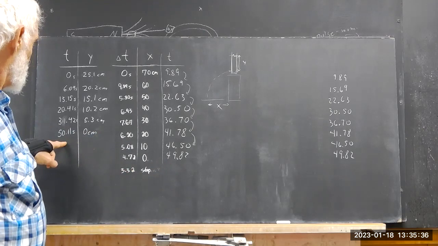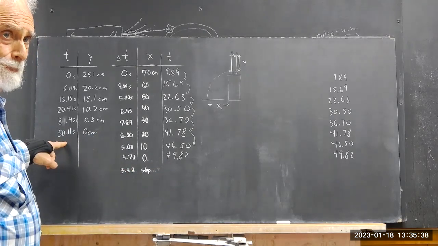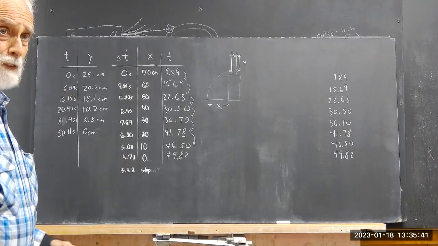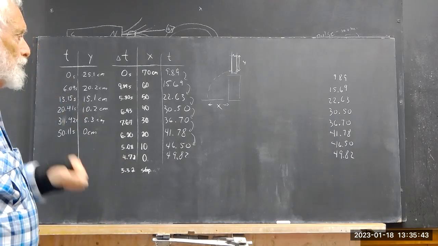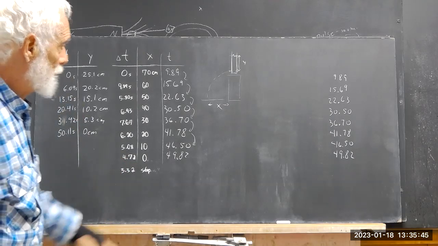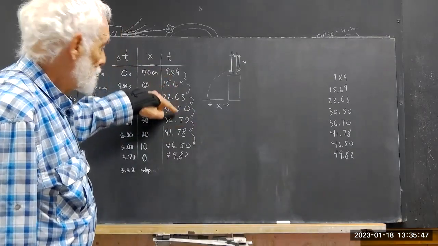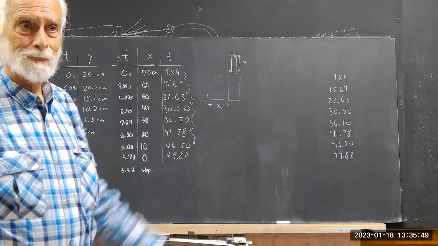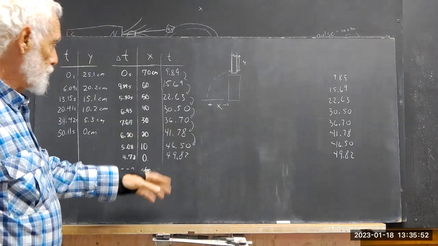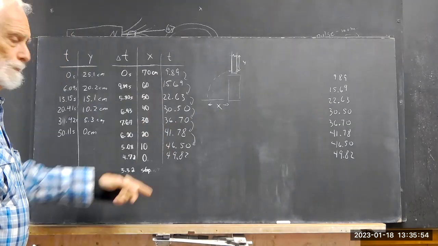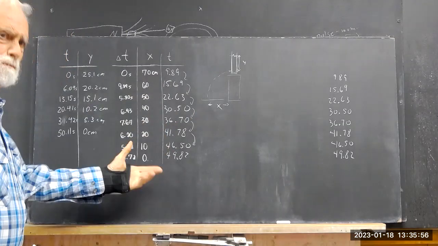And the running time here was 50.11 seconds. That's within about 0.3 of a second, meaning I could have made an error in this decimal place and been off by 3 in this decimal place, but these are pretty good times. Okay, they should be pretty good.